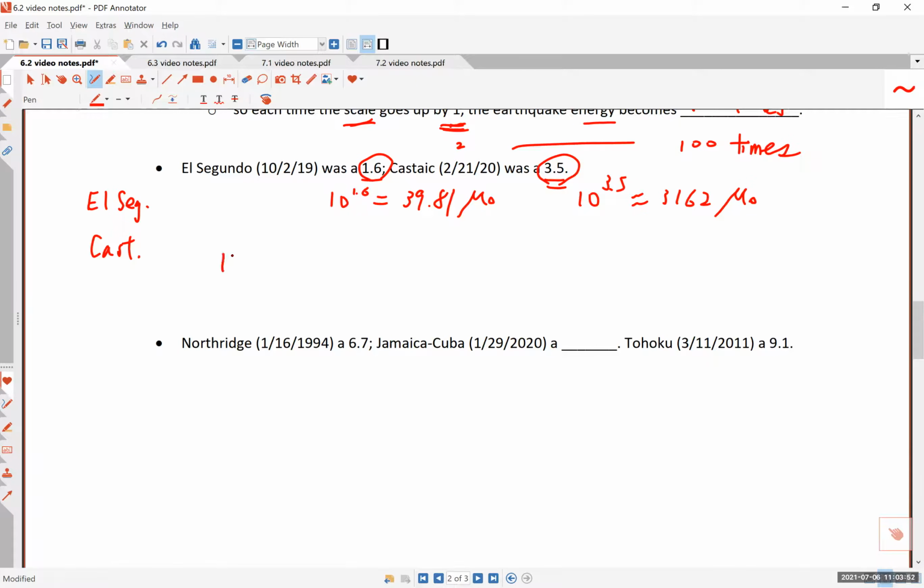Because the Castaic earthquake was caused by energy described as 10 raised to the 3.5 times mu naught, the earthquake energy level, and then the El Segundo one was caused by the 10 to the 1.6 mu naught, right? So what we have to do is to compare them. What is the ratio of these numbers?